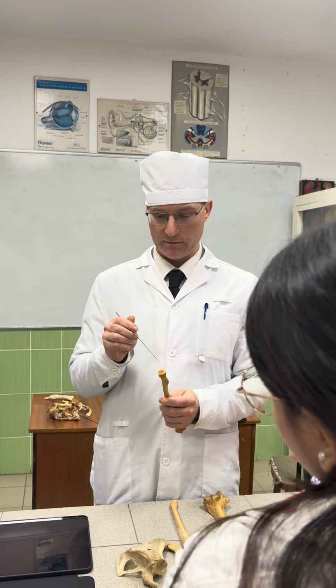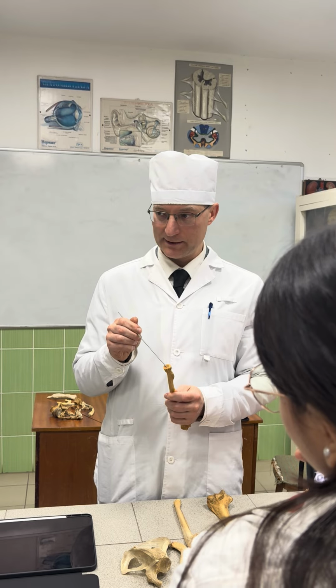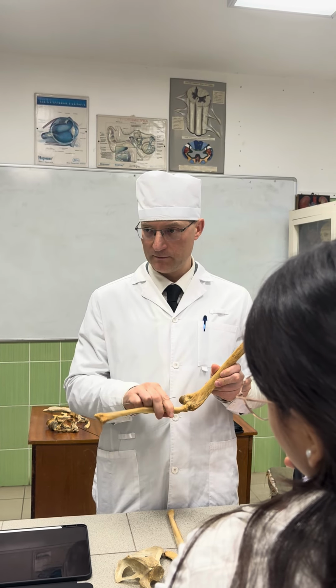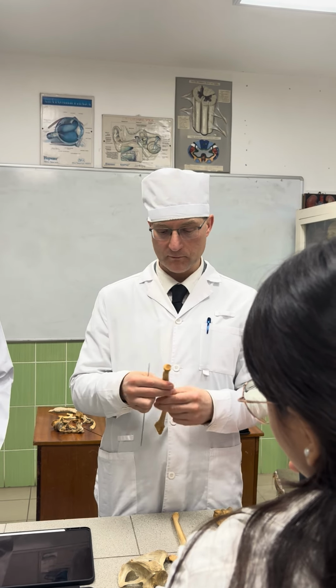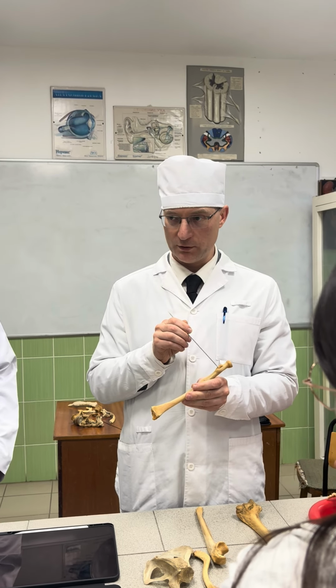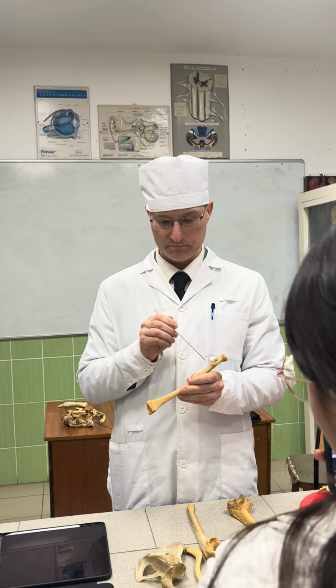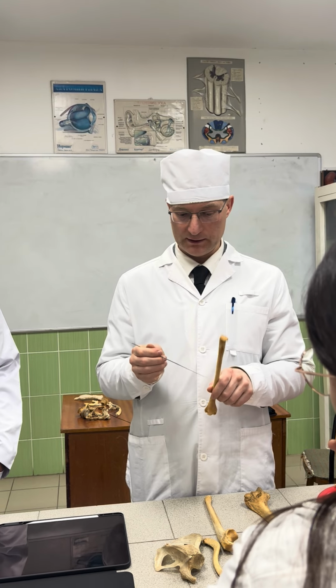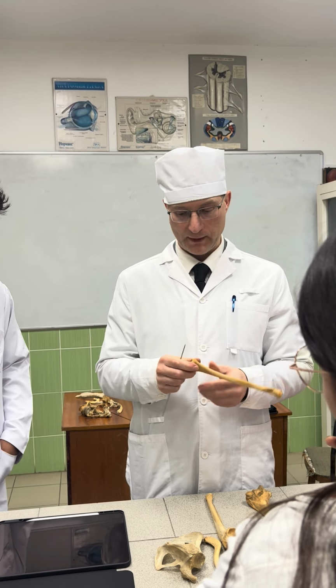On the head we have fovea articularis capitis radii for the capitulum humeri. Below are the neck and tuberosity, tuberositas radii. Then three borders, three surfaces, this one lateral.